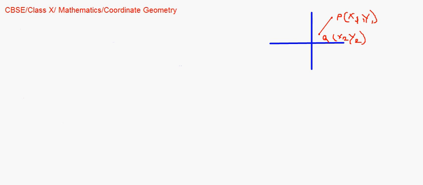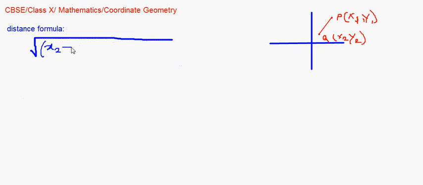Because we'll be finding the distance between PQ, obviously that's referred to as the distance formula. Let me just write down the distance formula, then we'll learn about the application of that. It is x2 minus x1. It's not necessarily that you only take the first letter being x1, y1 or x2, y2.